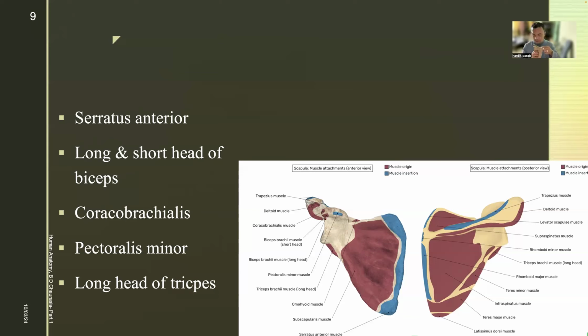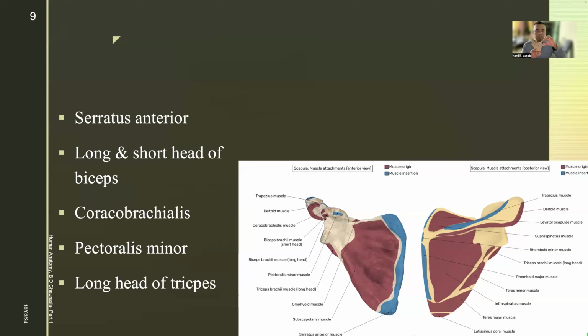The first digitation is inserted on the superior angle to the root of the spine, 2 will be at the medial border, and 5 digitations will be at the inferior angle. So it originates as 8 digitations from the upper 8 ribs. From here it originates, goes back, comes below the scapula and is then inserted over the medial border of the scapula.